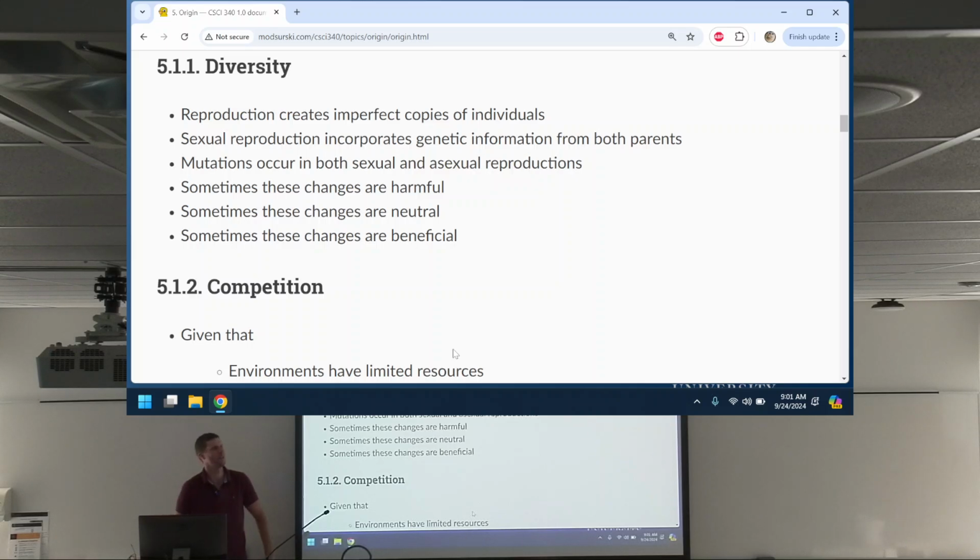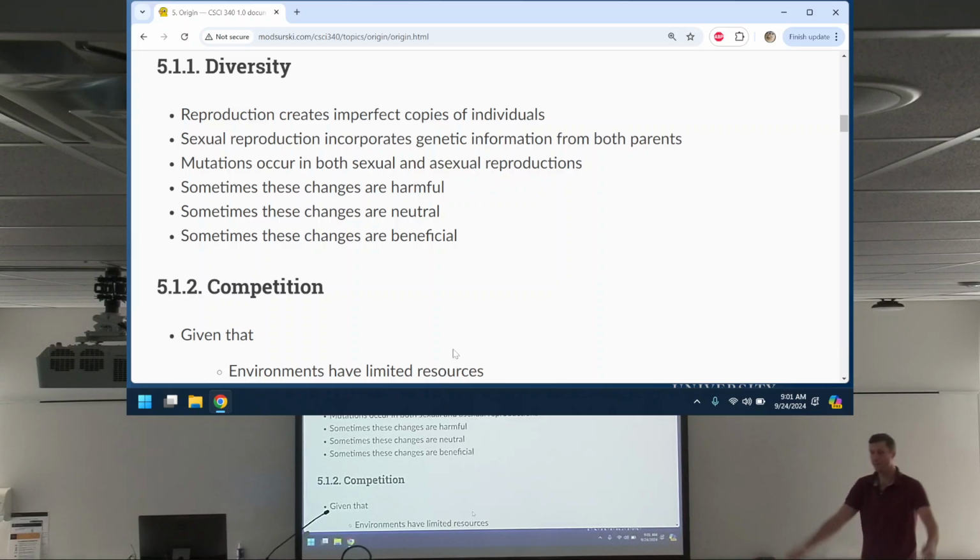So if you have a population where they have a negative mutation, they will die out fast and not persist anymore. A population where they start to have a good change, well, it might actually take a long time for that good mutation to take over. But bad mutations tend to die out really quickly. Good mutations tend to take a while to really matter, which is kind of interesting.